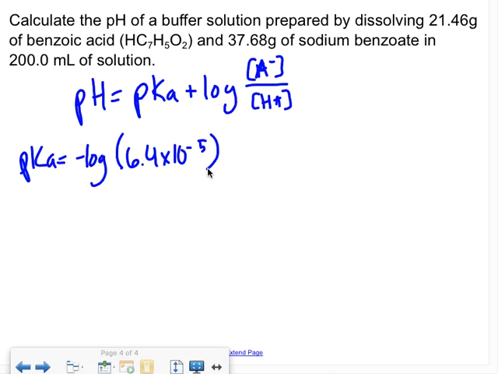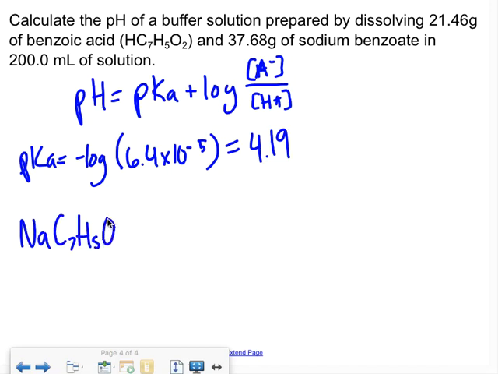And then we can find the molarity of our base. Our base is sodium benzoate, 37.68 grams. We need to find out the moles per liter of that. Sodium benzoate is NaC7H5O2. To convert grams to molarity, we need to figure out how many moles it is and then divide by liters.